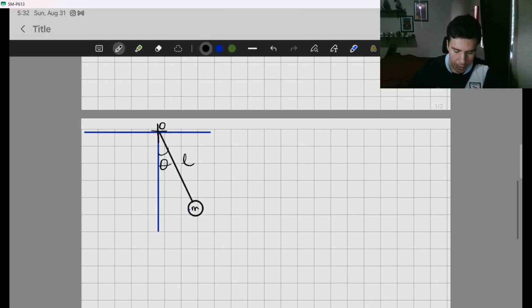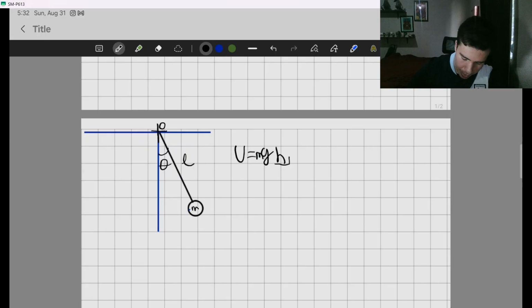Since this is not moving like a spring, we do not have any potential energy related to a spring. So the only potential energy that we will be having right here is mgh. The interesting part right here is what exactly value this h has.